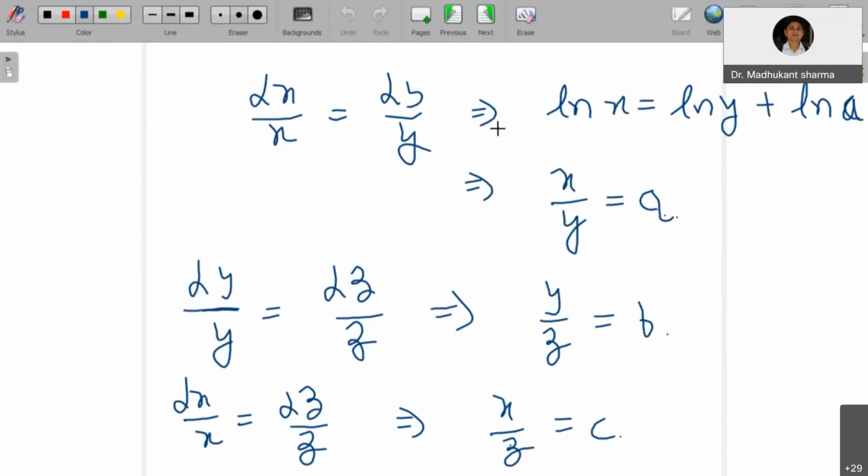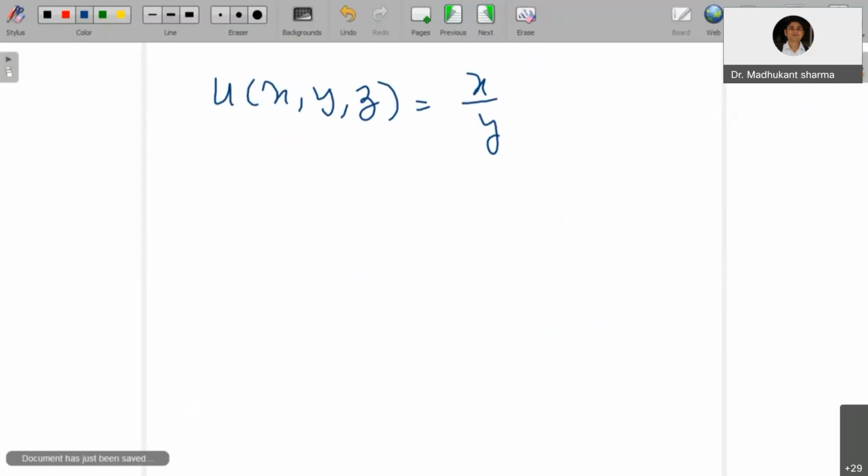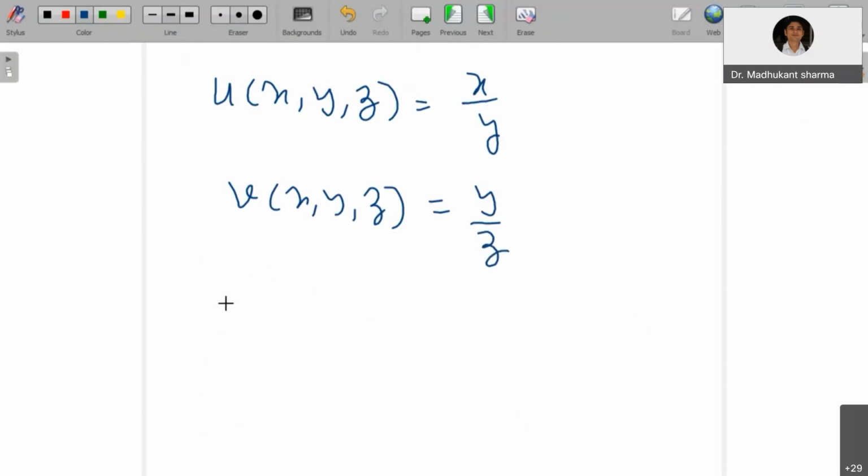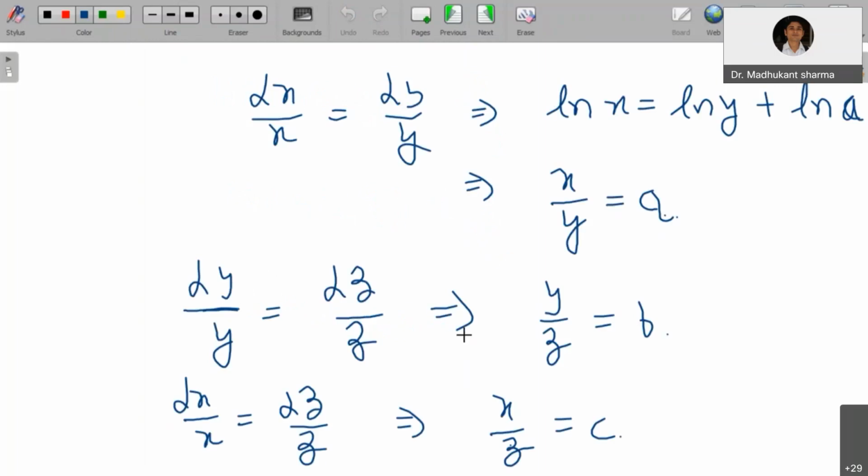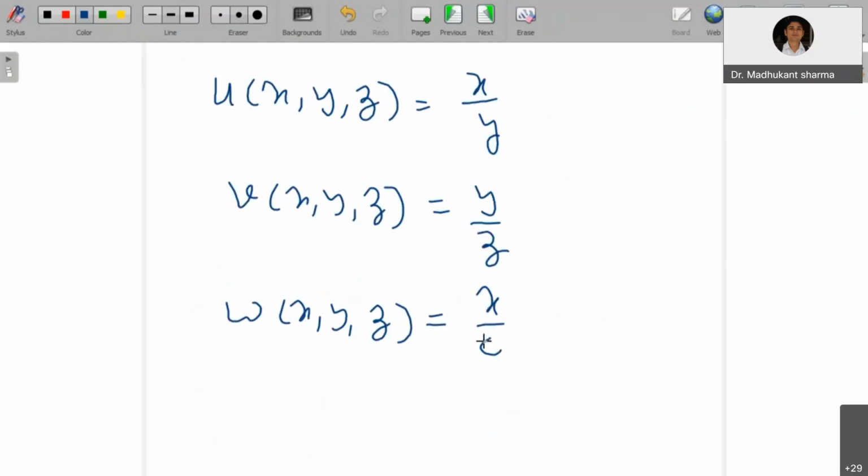So you have these three families of solutions, but for the general solution you require only two. Let's say u of x, y, z equals x by y, v of x, y, z equals y by z, and w of x, y, z equals x by z. Maybe z by x, you can also write it, it's not a problem.